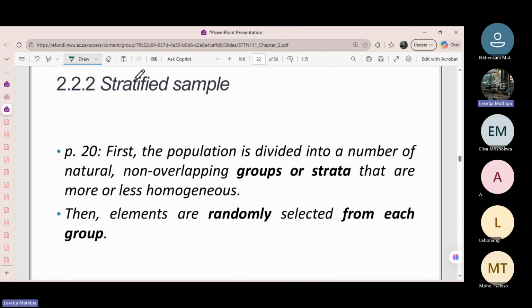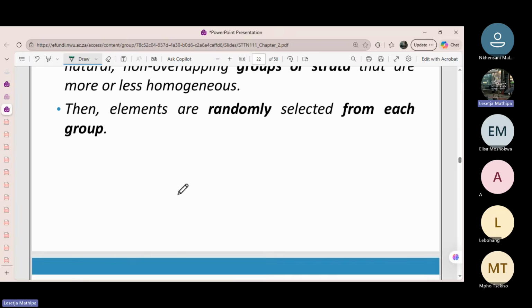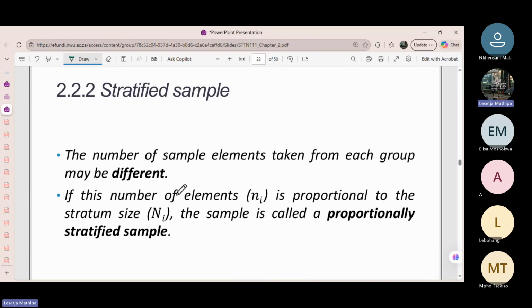Then those elements are randomly selected from each group. So when we are dealing with stratified random sampling, the numbers of sample elements taken from each group may be different.